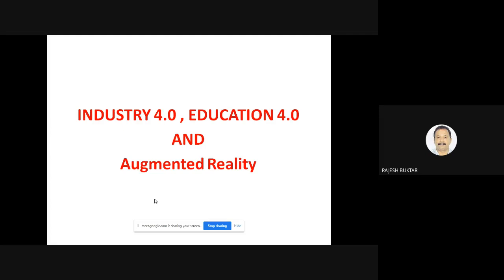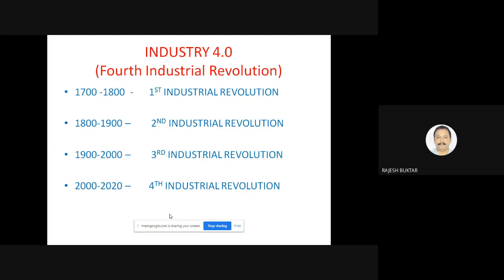So in this plethora of different jobs, opportunities, and technologies which are coming, augmented reality is one of the technologies highlighted by this college, and therefore this is a very important topic which needs to be understood in today's era. Moving ahead to the next slide, that is the fourth industrial revolution.